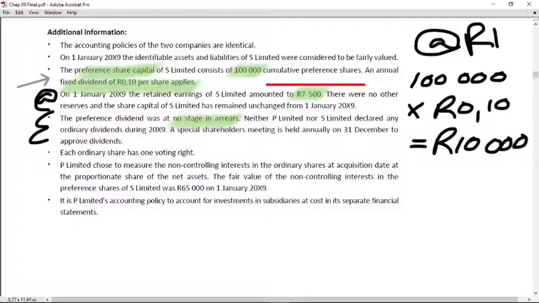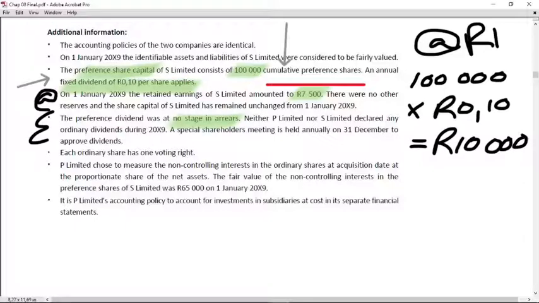Why is that important? We are dealing with cumulative preference shares. And for a cumulative preference shareholder, they are entitled to that dividend regardless of whether it has been declared or not. But in this example, we look at the situation where the preference dividend was at no stage in arrears.